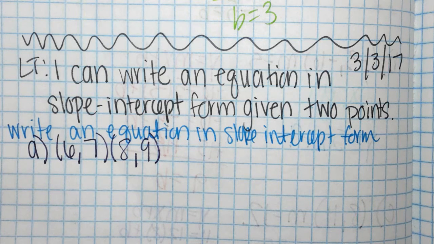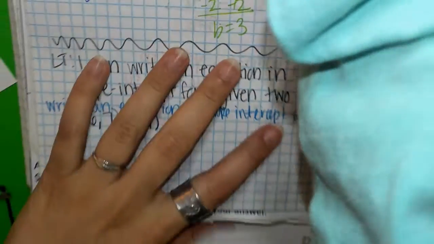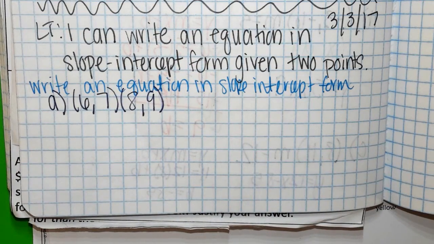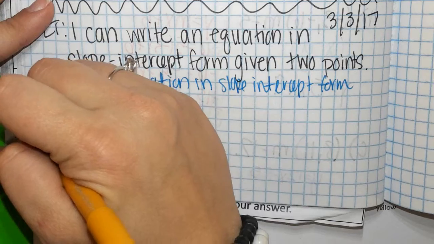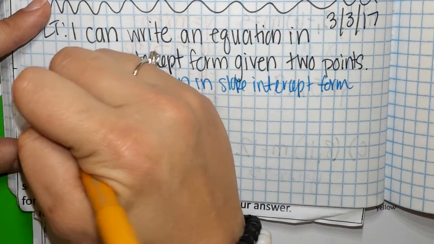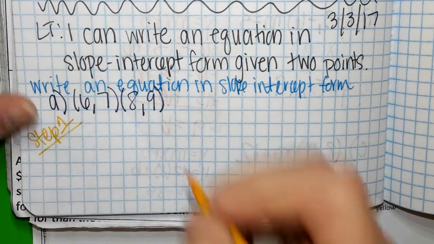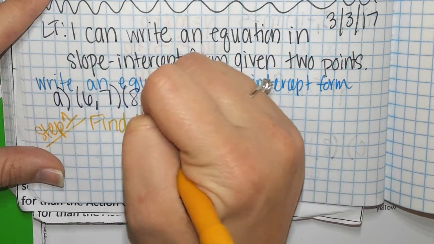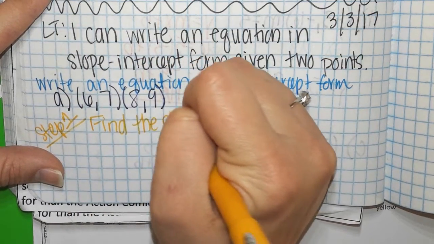All right, who can tell me what the slope formula is? y2 minus y1 divided by x2 minus x1. Yes, fantastic, Alicia. All right, step 1: find the slope.